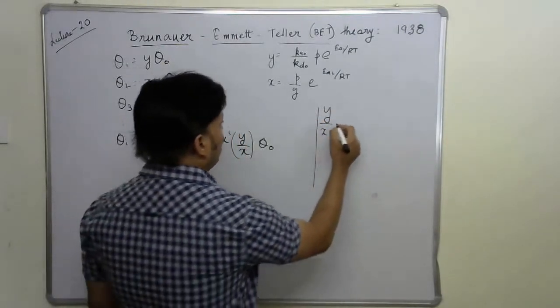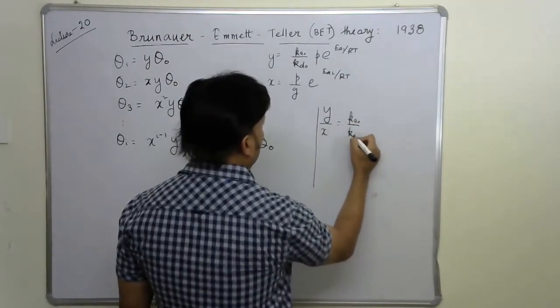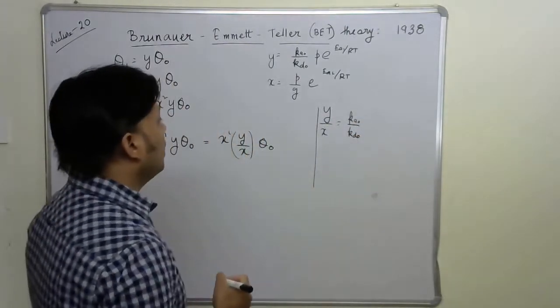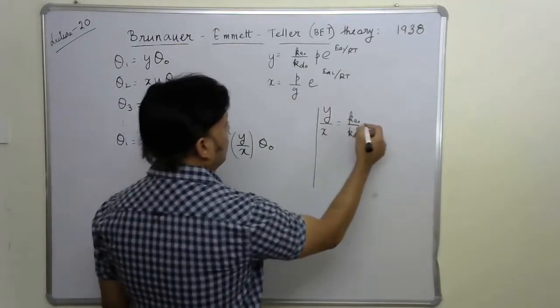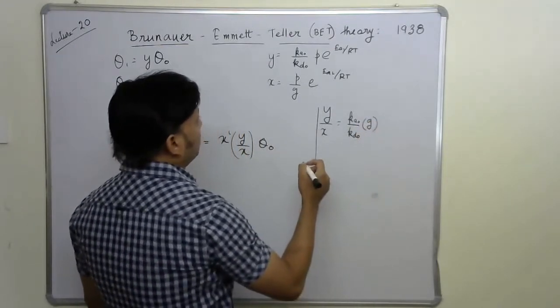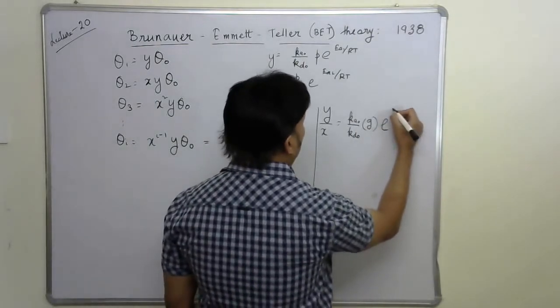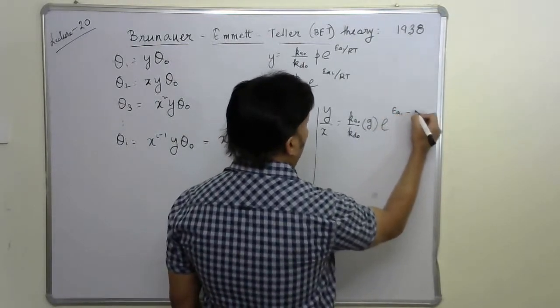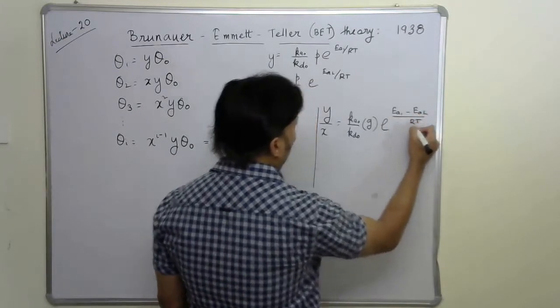So y divided by x becomes ka0 divided by kd0, and then g comes above, so this is multiplied by g, and then the p terms cancel out, and we have e to the power ea1 minus eal whole divided by rt.